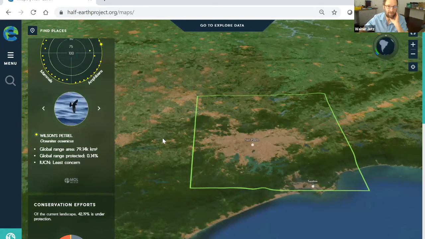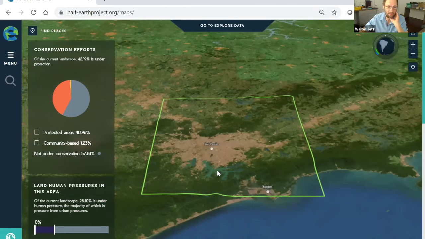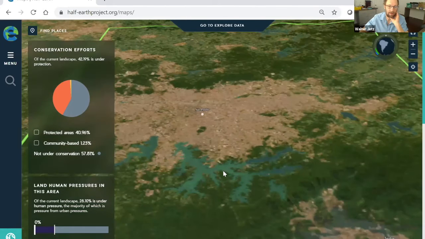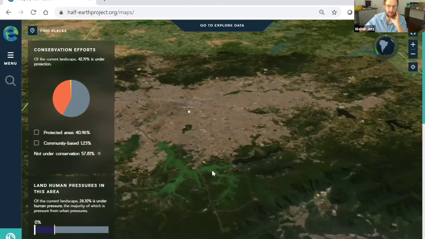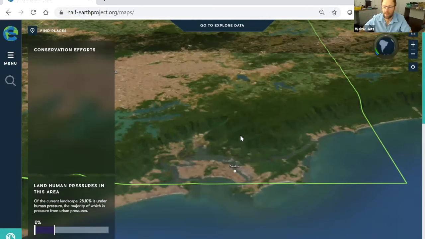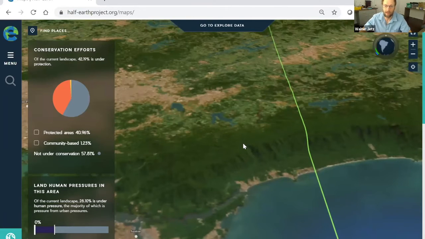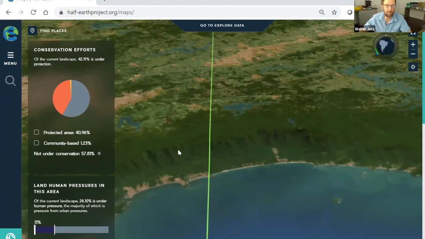So in the HalfEarth map, you can see how much of that landscape may already be protected. You see this in the darker green areas, and then which places are already encroached. Sao Paulo, one of the biggest metropolises in the world, is together with Rio de Janeiro more and more encroaching on these mountains, on these forests.